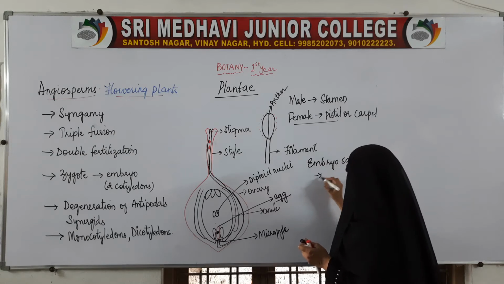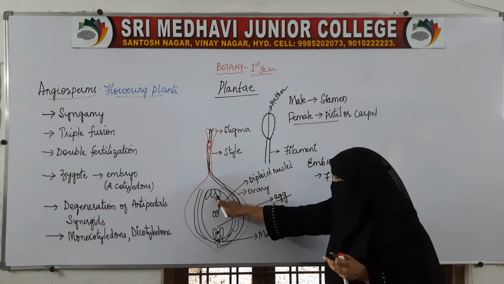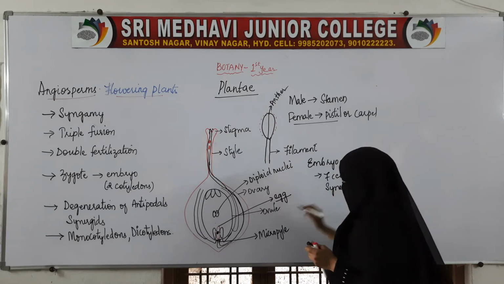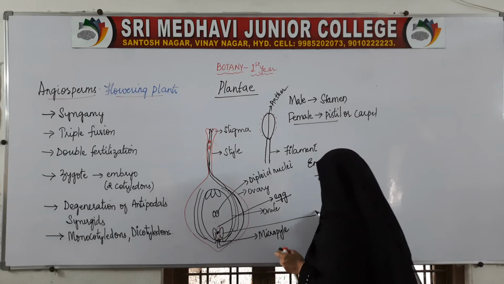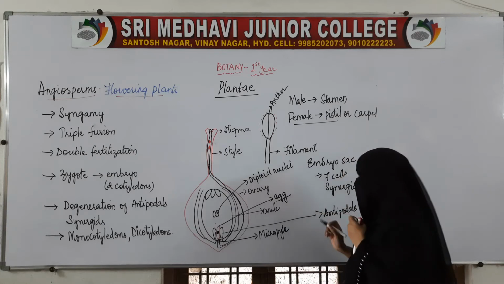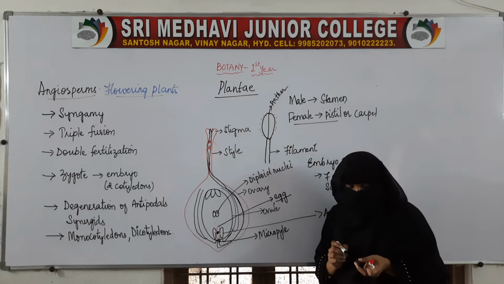The embryo sac will have 7 cells. These three are called synergids, and these two are the antipodals, and here this is the egg.